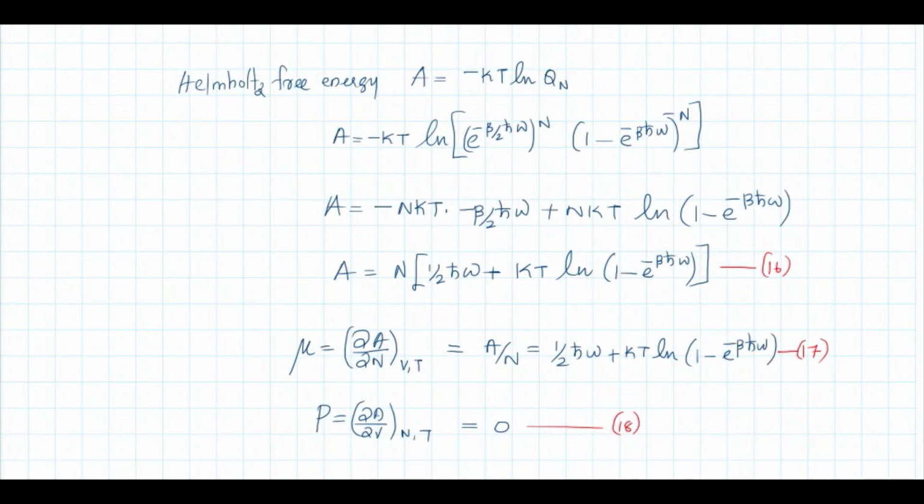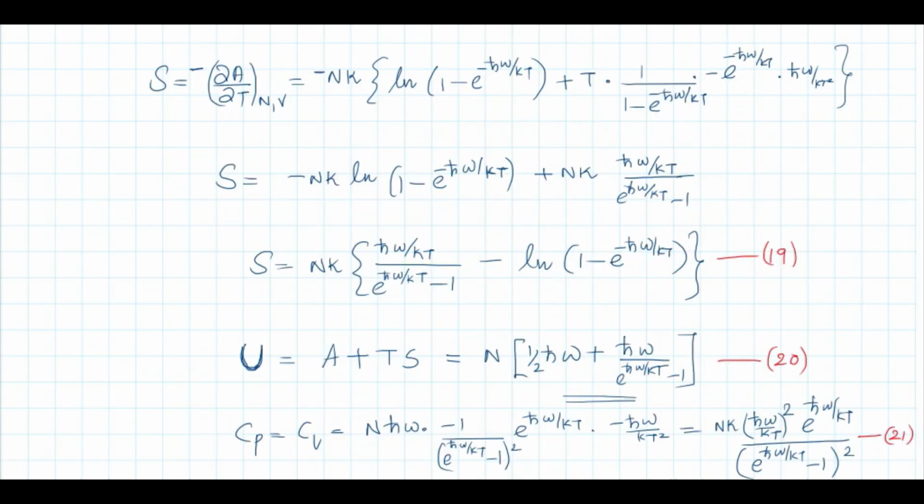Now entropy S is equal to minus dou A by dou T at constant N and V. So when you take the derivative of this A with respect to temperature, here you have a temperature term, and in this term beta is 1 by kT. So here there is a temperature dependence, so you have to apply the product rule. First you keep this logarithm term as constant and take the derivative of T, that will give you 1.